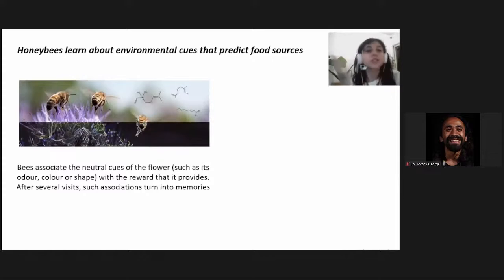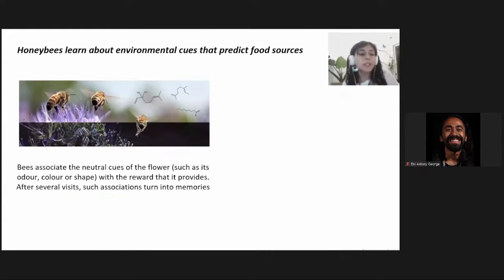Another aspect that is relevant in the foraging context is the ability to learn about environmental cues that predict food sources, considering that in addition to innate preferences, foraging decisions are also based on learning.